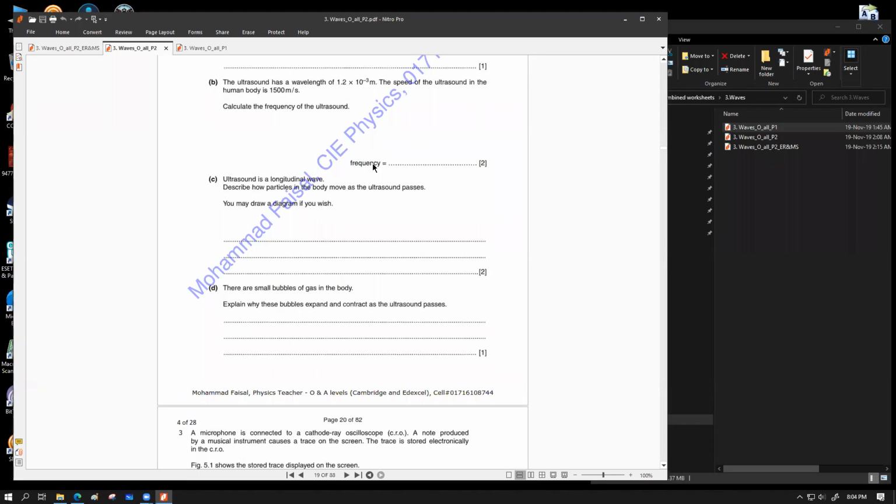So you can alternately use the words compression and rarefaction for a longitudinal wave, with compression being high pressure and rarefaction low pressure regions. So you can use those terms.